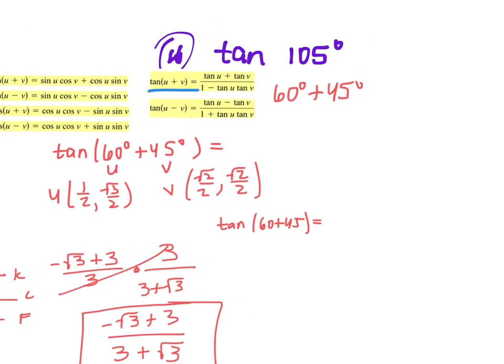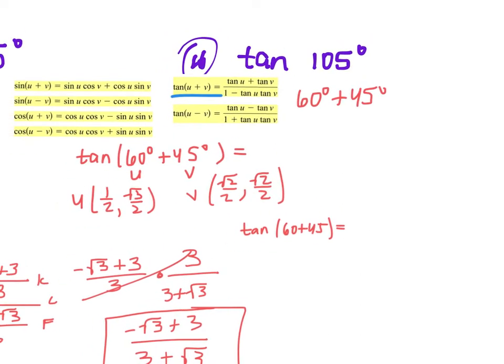The tangent of u would be root 3 over 2 divided by 1/2, which gives me root 3. And the tangent of 45 is just 1, because root 2 over 2 divided by root 2 over 2 is 1.